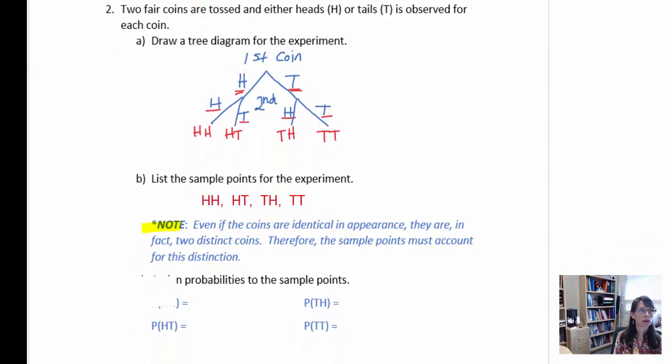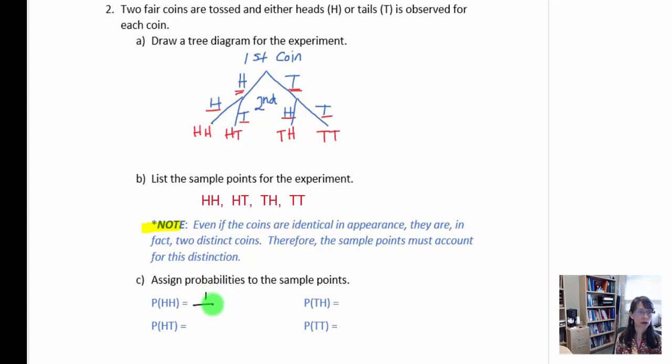So next we'll assign probabilities to the sample points. So that means, what is the probability of both coins landing on heads? If we go back to our sample points, we see that heads, heads appears only one time out of 4 total outcomes.